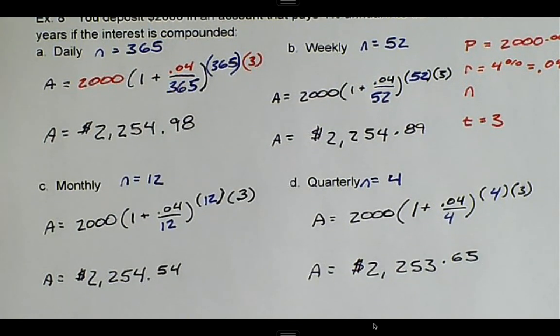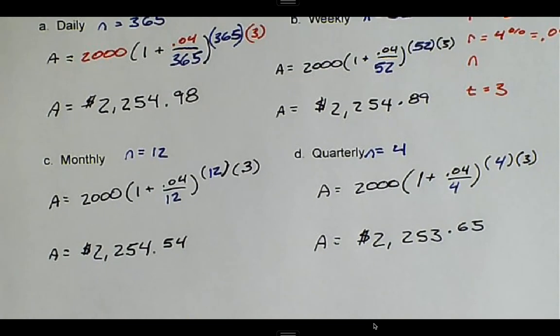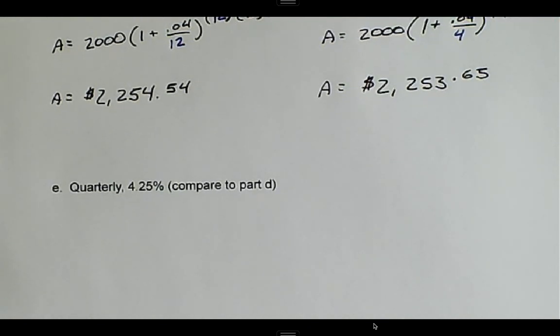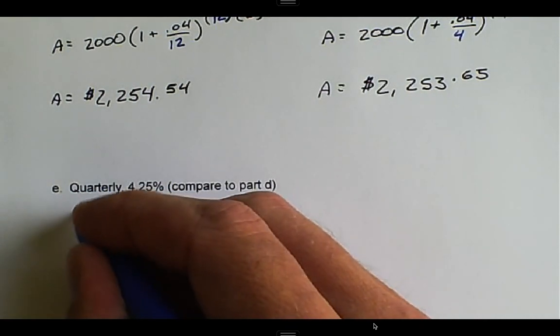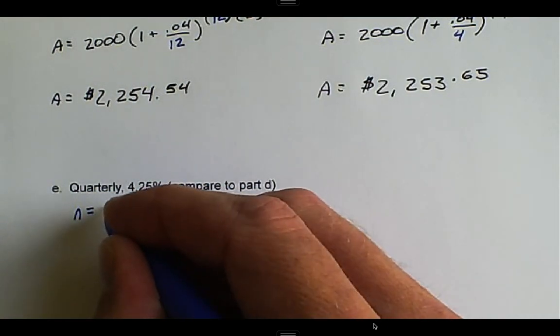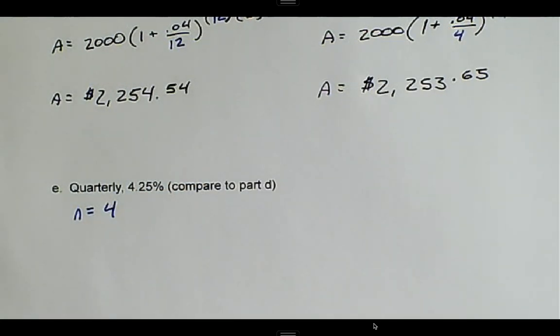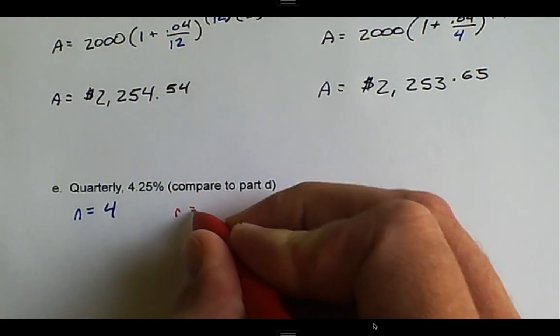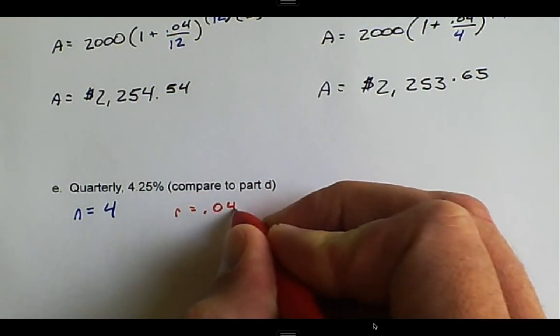And then let's take a look at E. In E, we're changing 2 variables. It's compounded quarterly, so n is equal to 4. And with that percentage there, the R value is going to be 0.0425.